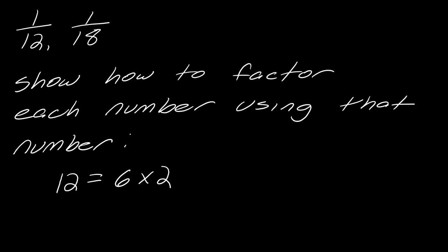Now, how would I write out 18? I want to use 6 as part of my factorization. So 18 would be 6 times what? 18 would be 6 times 3. So here's the way that you want to think about this. Now that we have these factorizations, we can go into what the LCD actually is.